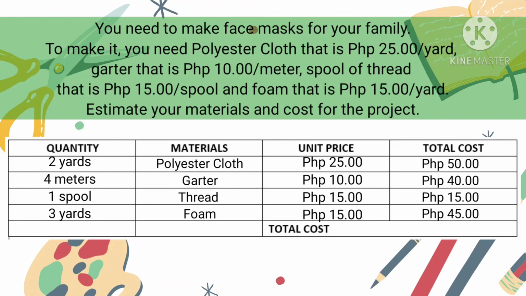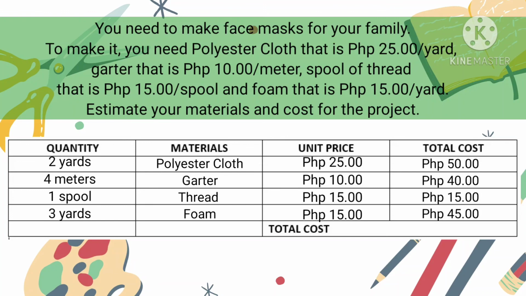For garter, 4 times 10 is equal to 40 pesos. For thread, 1 times 15 is equal to 15 pesos. And for foam, 3 times 15 is equal to 45 pesos.